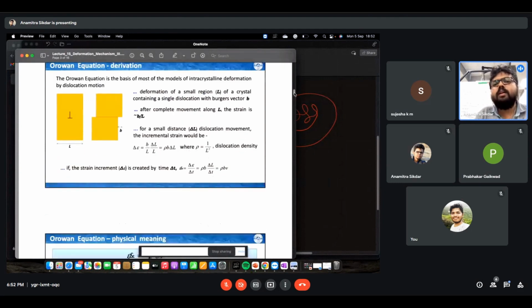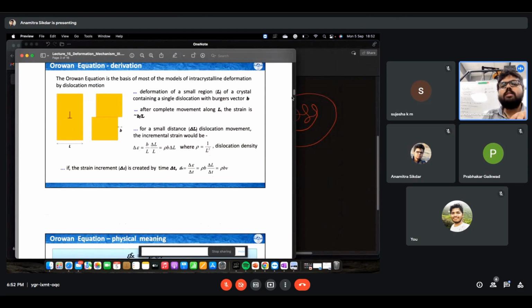With defining the Burgers vector, we can mathematically identify the different parts and express the dislocation. If a small region of a crystal is undergoing deformation, with the Burgers vector as basis, we can define the dislocation density as 1 by L squared, and the incremental strain for that small movement will be defined as something like this.